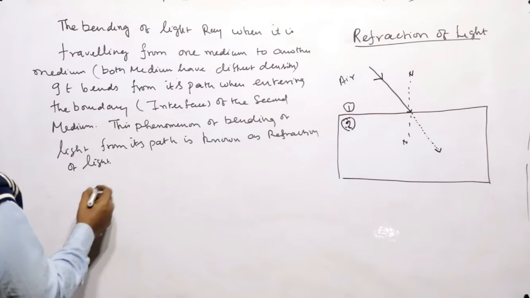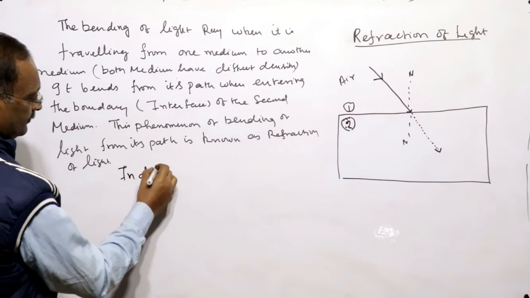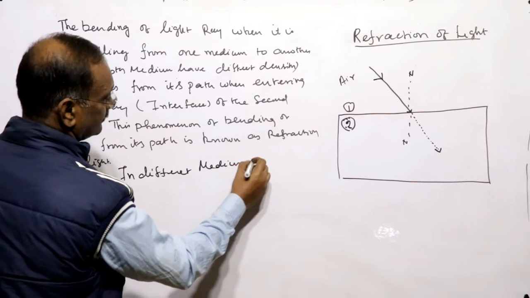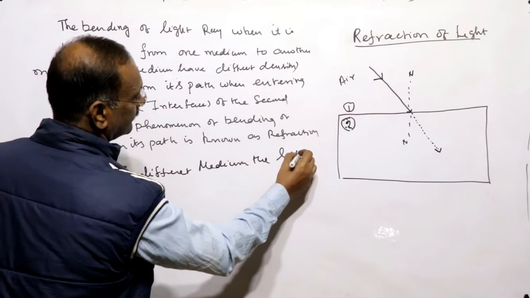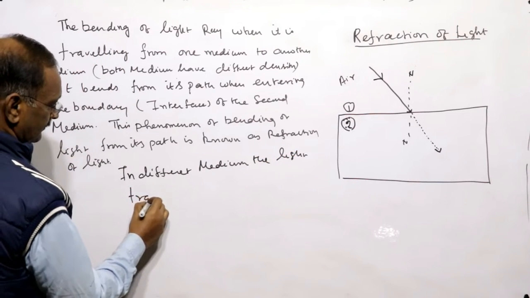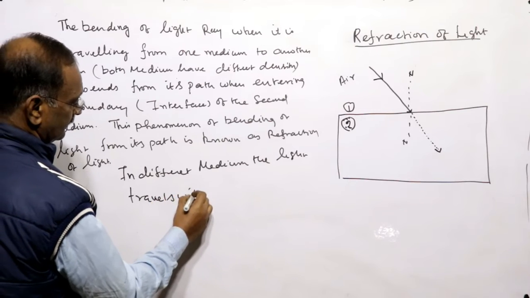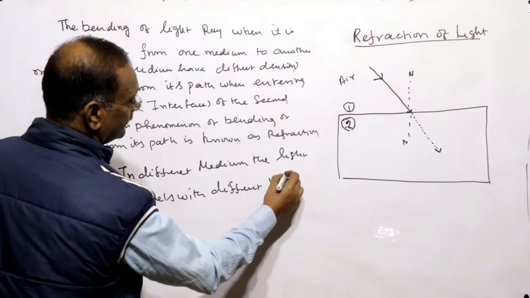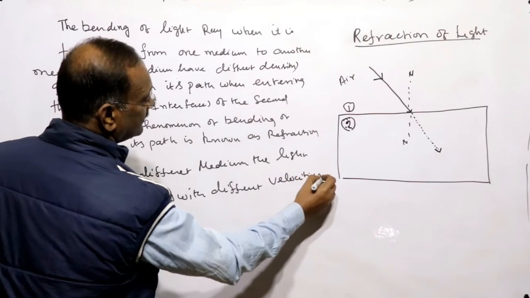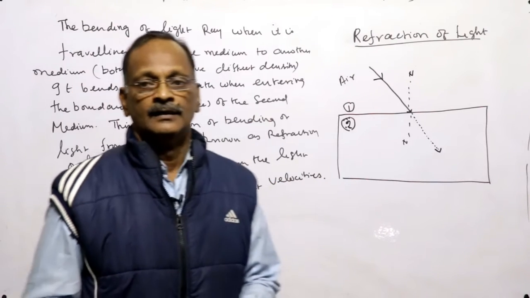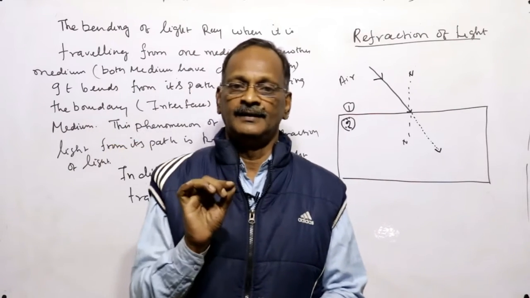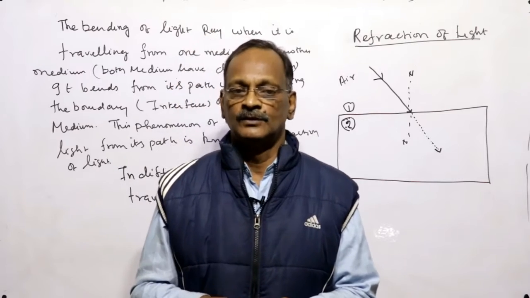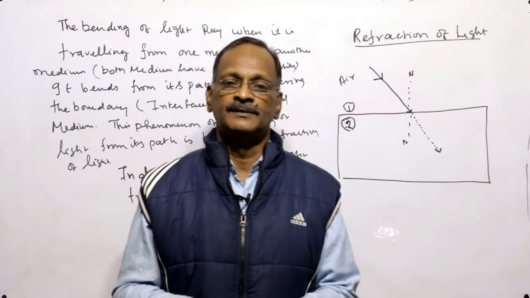In different media, the light travels with different velocities. The velocity of light in air or vacuum or free space is c, which is equal to 3 into 10 to the power 8 meter per second.